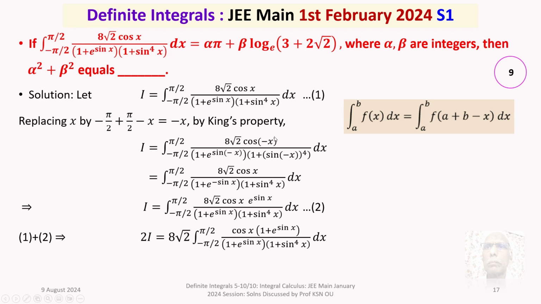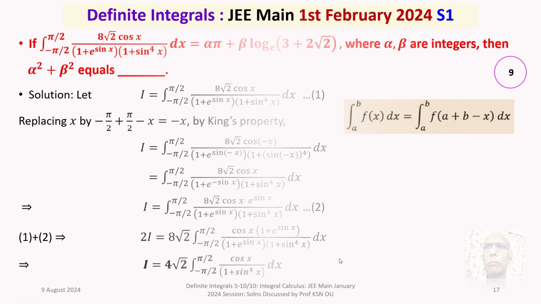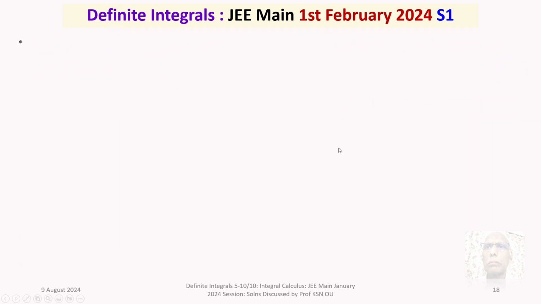From here it is 1, from here e to the power of sine x will come from the numerator. 1 plus e to the power of sine x will cancel. Then you are left with 2I is 8 root 2, so I will be 4 root 2 times integral minus pi by 2 to pi by 2, after cancellation, cos x by 1 plus sine to the power of 4x dx. We continue for the further evaluation.